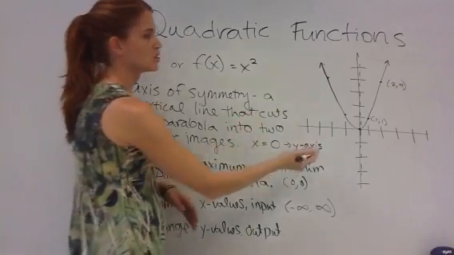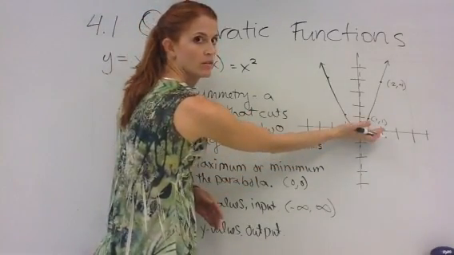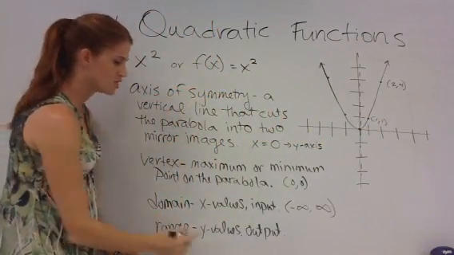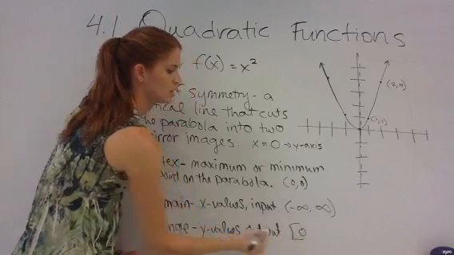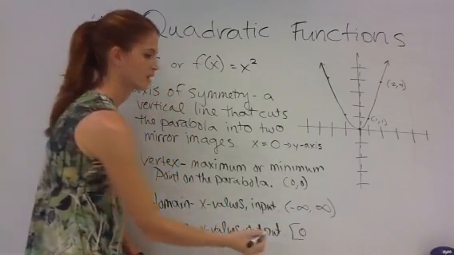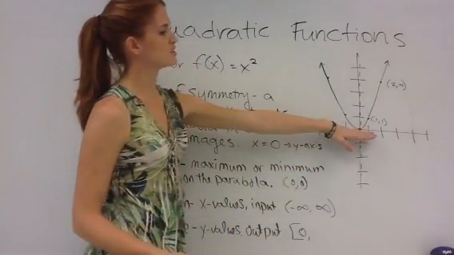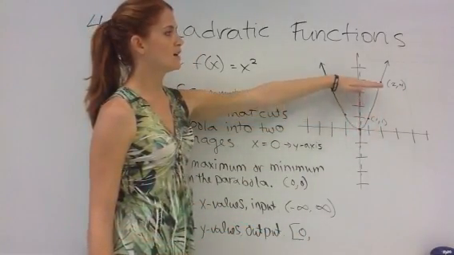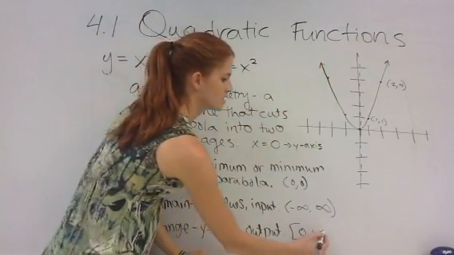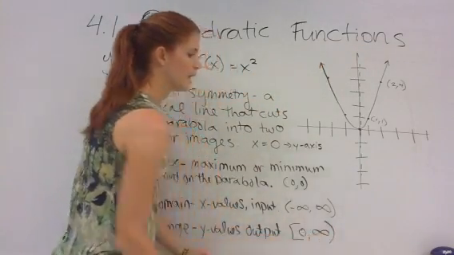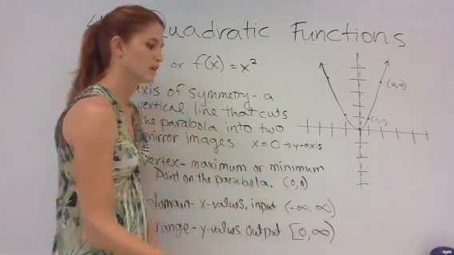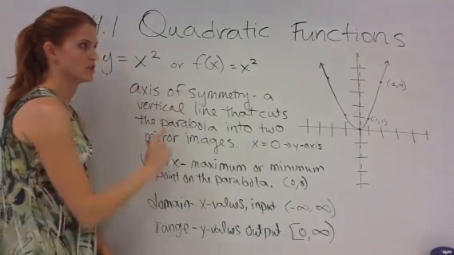In other words, if you look at the picture, my lowest point here is 0. My range goes all the way up from there. So my range begins at 0. So we put a closed bracket to tell me that I'm going to include 0. And then my range is going to take every other y value all the way up here to infinity. It's going to include all of those points. So since it includes all the way to infinity, we write that with an open bracket to indicate that we can never get to infinity. So this would be my range for this parabola.